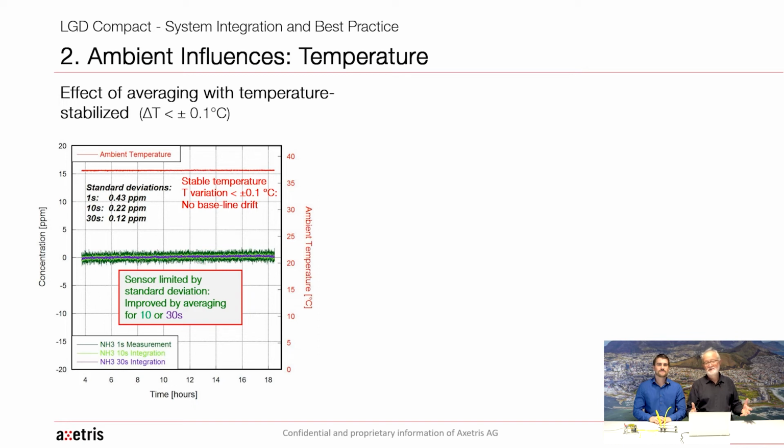And this means the sensor's accuracy is limited by noise. You can improve the accuracy by adding some averaging, 10 or 30 seconds or whatever is okay with your application. And you see that the curve is getting thinner.